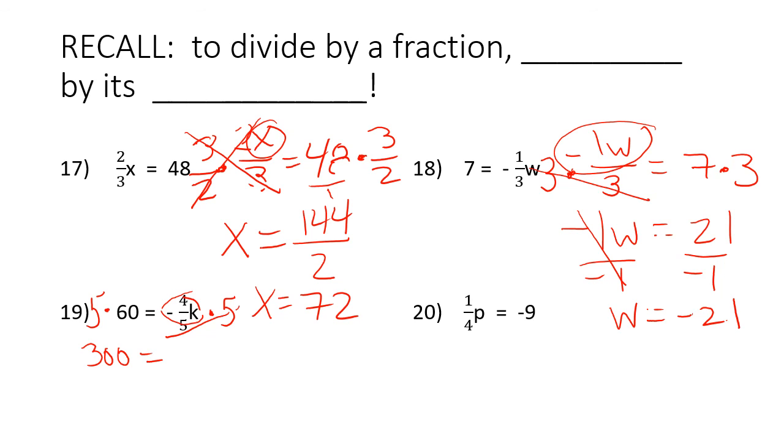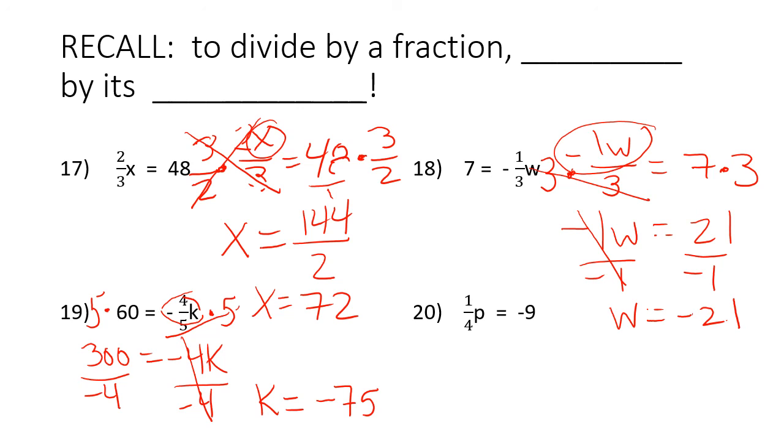I am left with negative 4k. Now you know how to solve this. We are going to divide by negative 4 on both sides. The negative 4's cancel. I am left with k equals 300 divided by negative 4 equals negative 75. K equals negative 75.